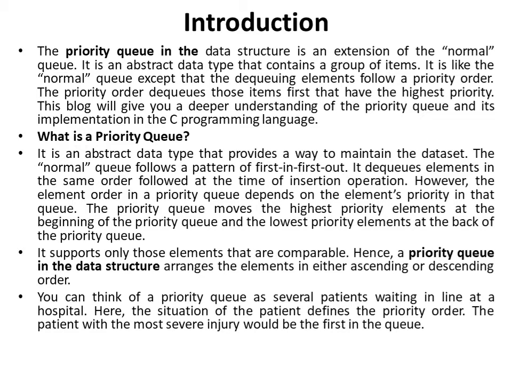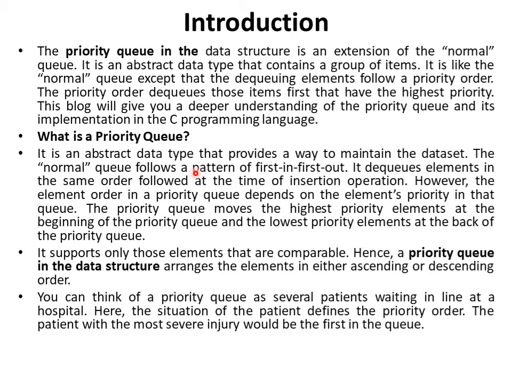Now, what is priority queue? It is an abstract data type that provides a way to maintain a data set.